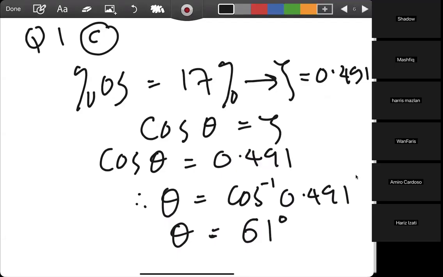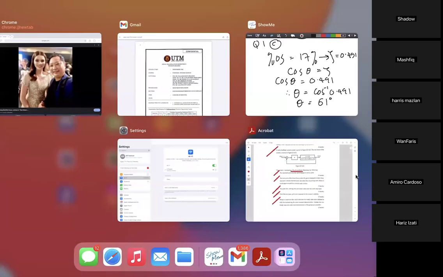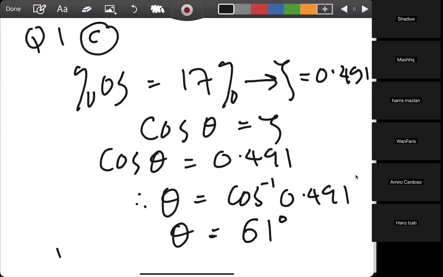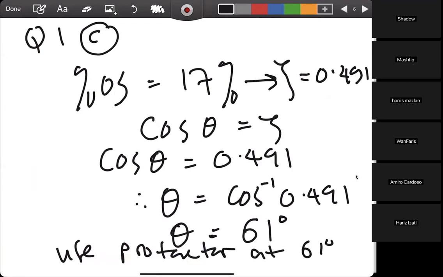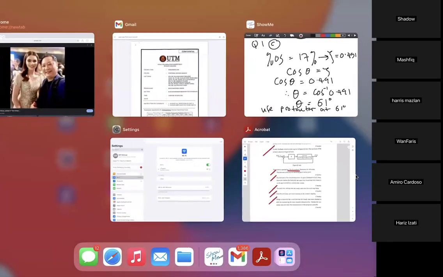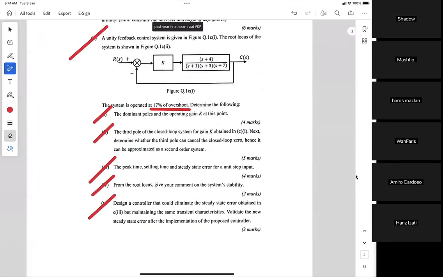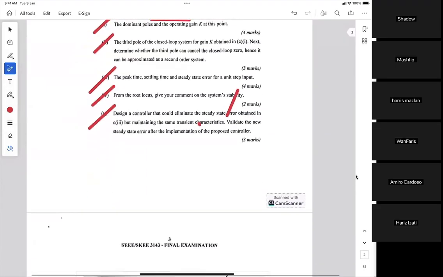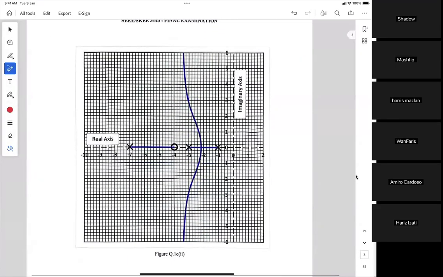61 degrees. So in that case, you have to use a protractor. Use protractor at 61 degrees at the given question there. So this is the origin.